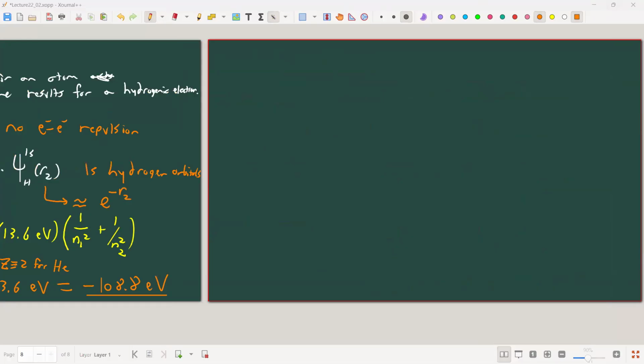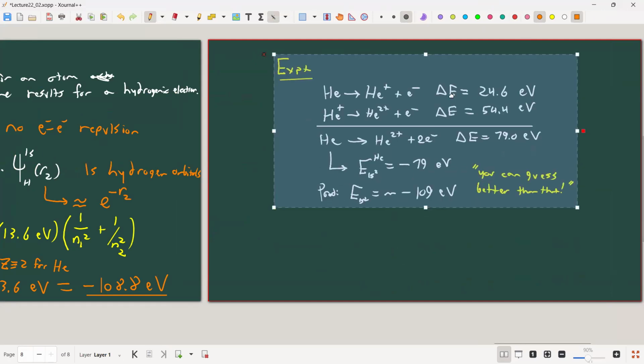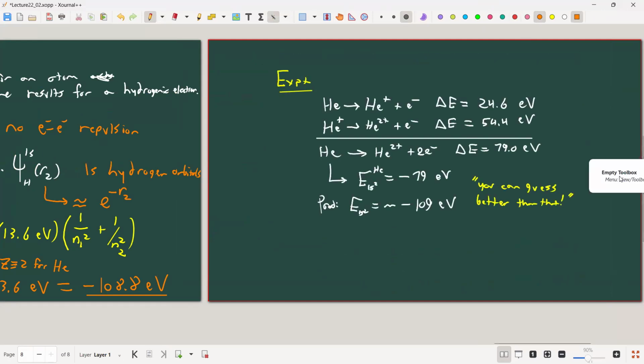So here's the experiment. To take the first electron out of helium takes about 25 eV. To take the second one out of the helium cation, the second ionization takes another 54. So the total ionization energy of helium is 79 eV. We predict it to be 109 eV.